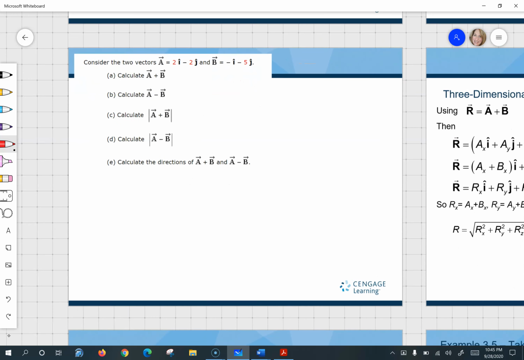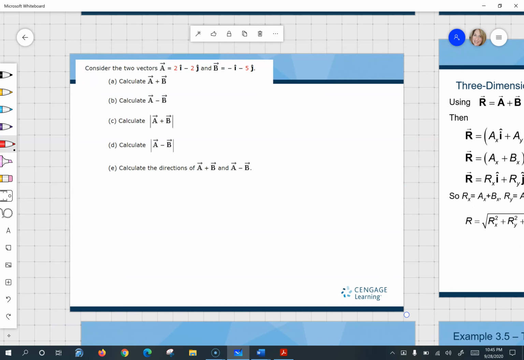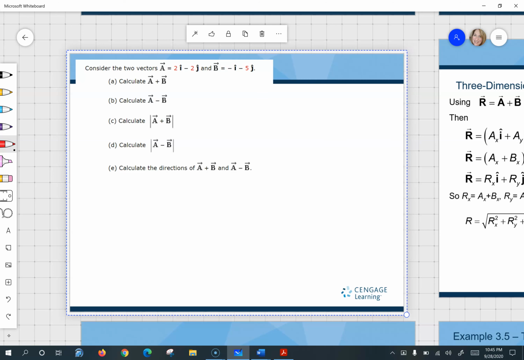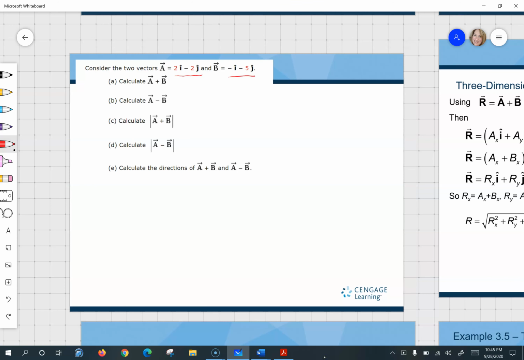Okay, so here's the practice in vector addition and subtraction. And when you have them in component form in our unit vector notation, it makes life so easy. So I'm going to run through and then I'm going to let you guys practice. If you calculate vector A plus vector B, you just have to add the components. So it's real easy if you write them over top of each other.